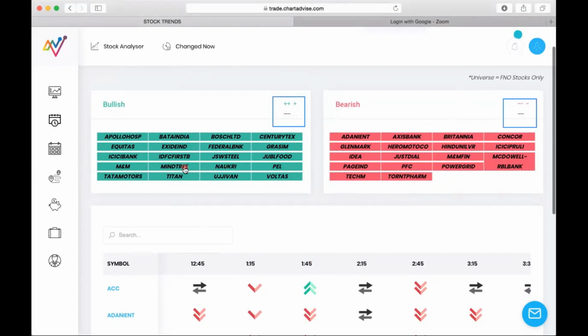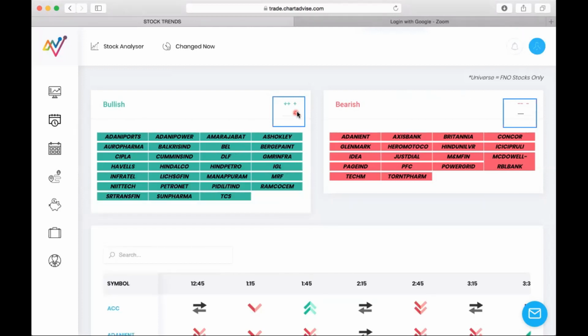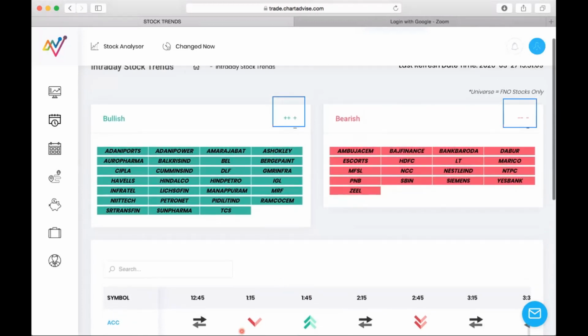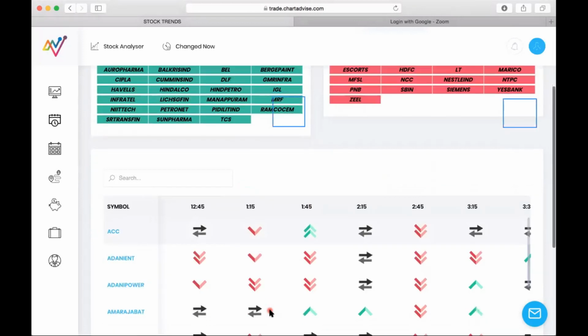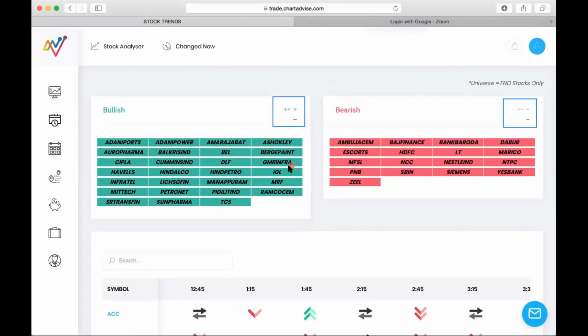So you know that these are the most uptrended and these are the most downtrended stocks. If you want to see mildly bullish stocks, you go here and change this to a single plus, and similarly you can go to the bearish end and change this to a single minus. You will get an idea of all stocks that have a single red and all stocks that have a single green arrow. So this is the whole idea of this page.